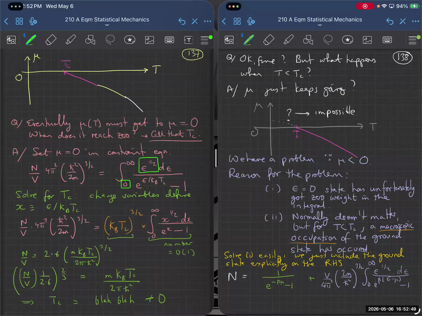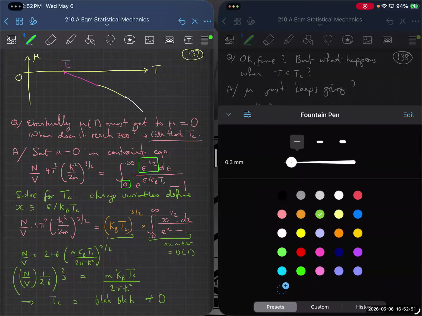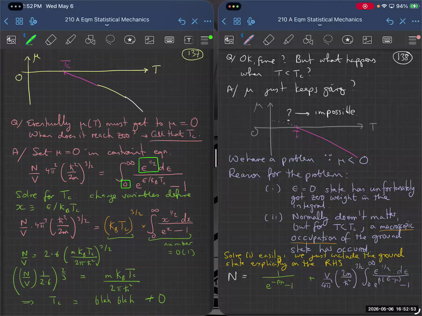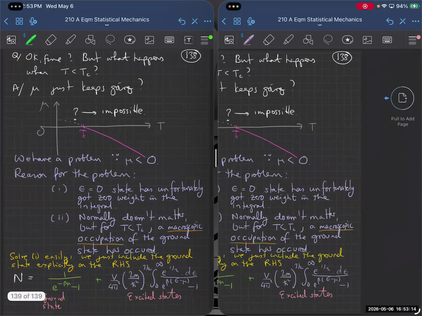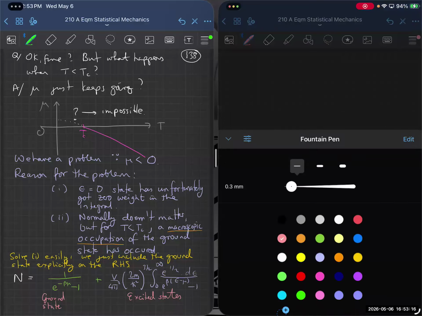So this is the contribution from the ground state, and this is the contribution from the excited states. Okay? So that's how we fix the problem, and now let me tell you how this fixes the problem.